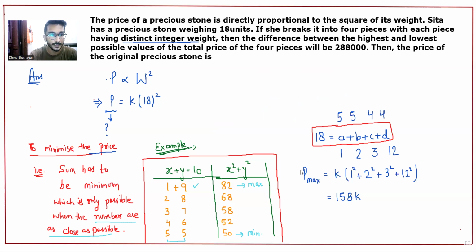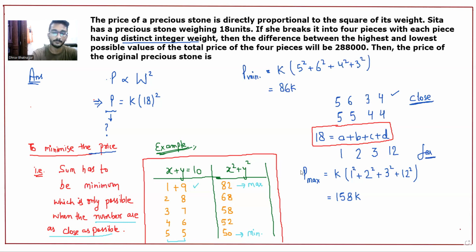But I have to make it distinct. So I will increase this 5 and decrease the 4 so that it is balanced again, and it is as close as possible. This was as far as possible. So the minimum price will be from here, and that would be 5 square, 6 square, 3 square, and 4 square.